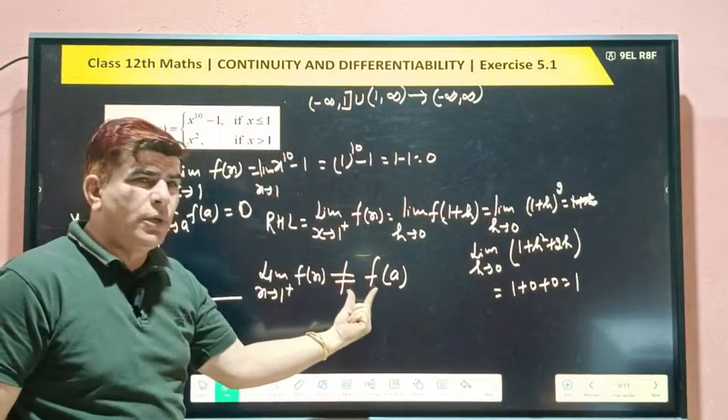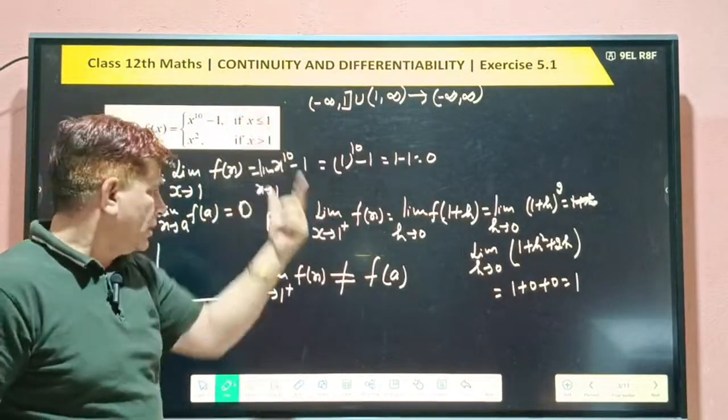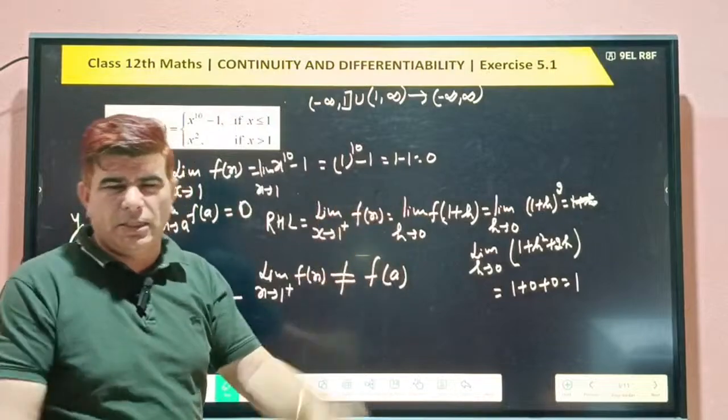If both are coming equal, then we can find out the rest. But if this is not equal, then how can the function be continuous?